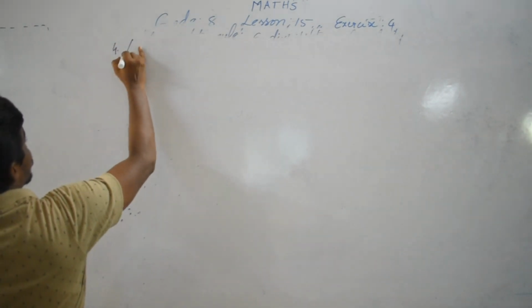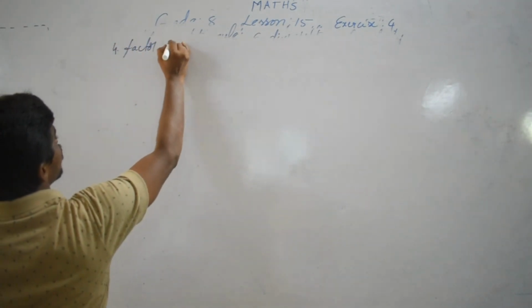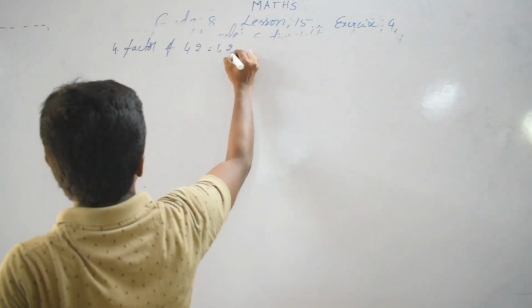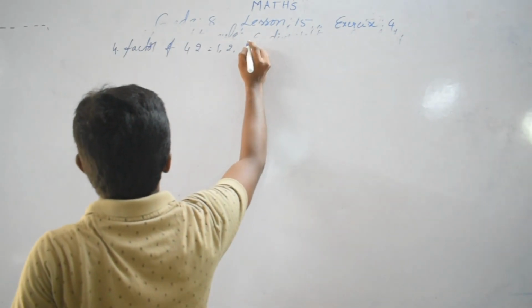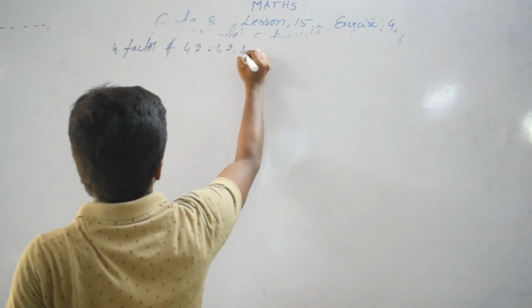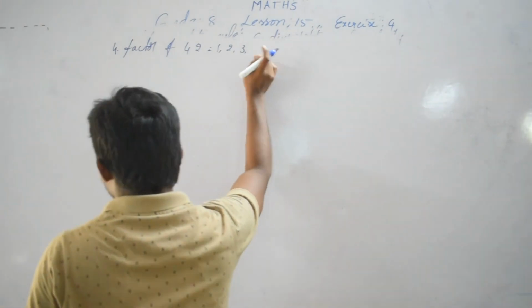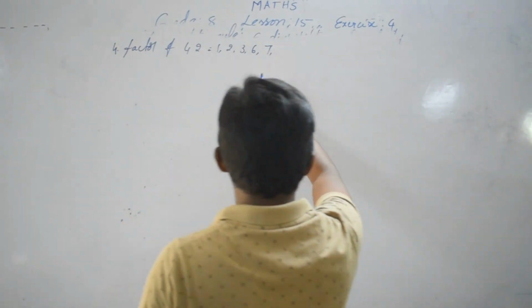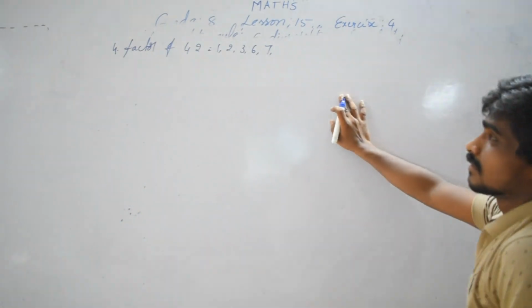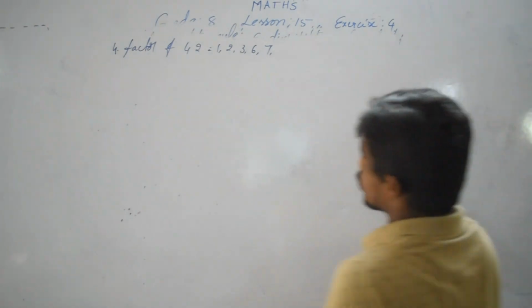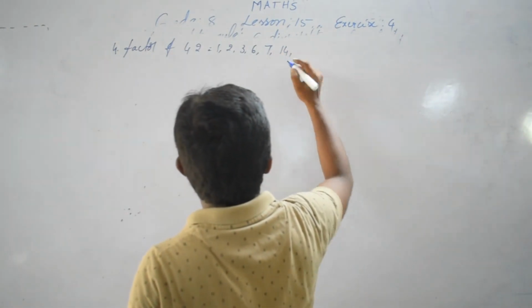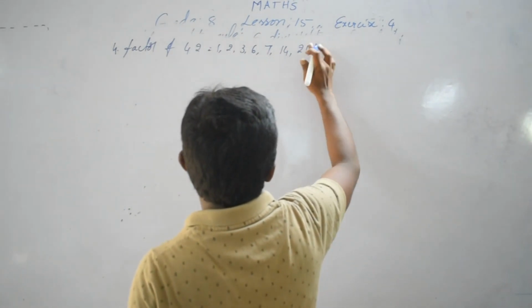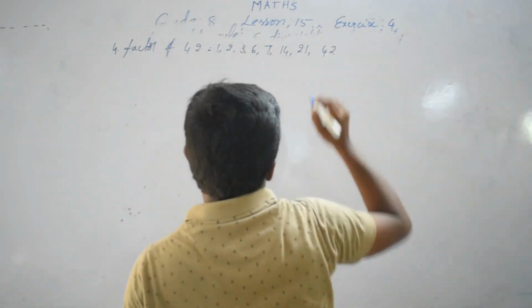First, the factors of 42: 1, 2, 3, 6, 7, 14, 21, 42.